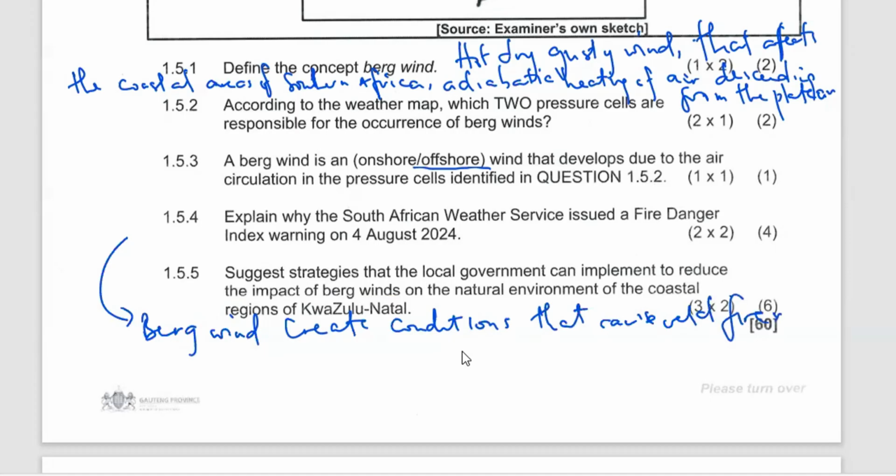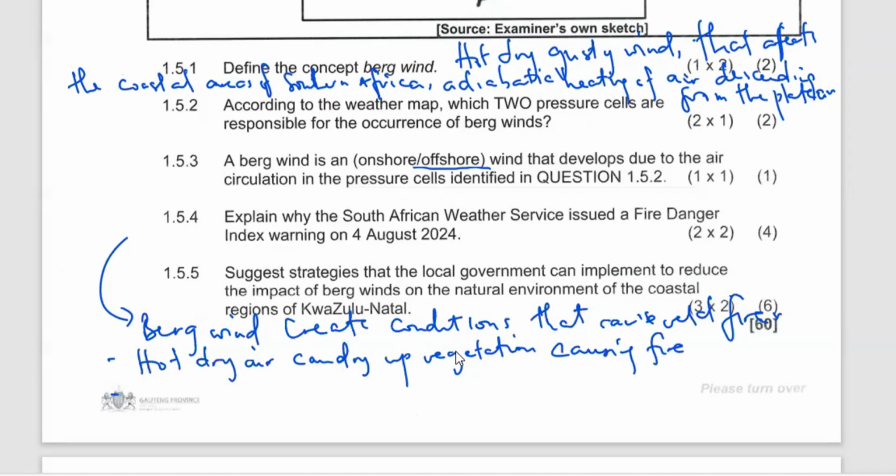What are the conditions associated with the Berg winds that facilitate wildfires? For example, we are saying it has hot, dry air. How does it facilitate? It can dry up vegetation, and as vegetation dries, that is likely to cause fire.